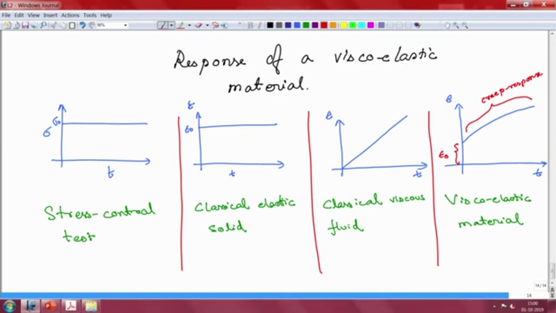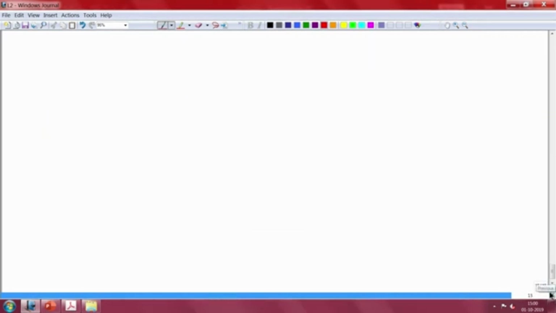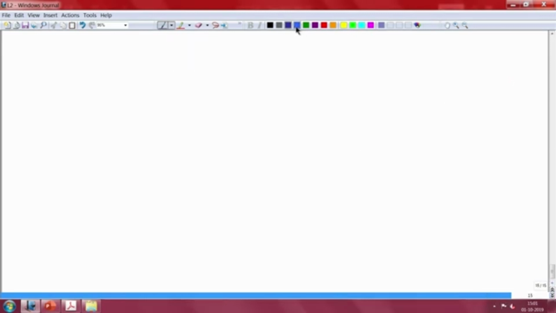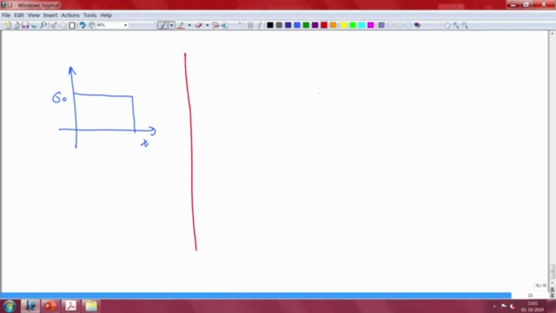And what do you think will happen when you release the stress? I am just going to copy this previous diagram, and now I am just going to complete it.